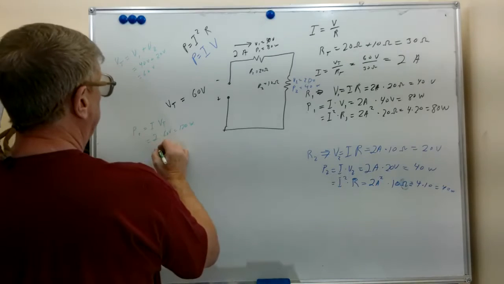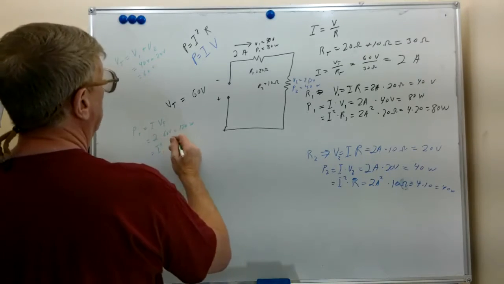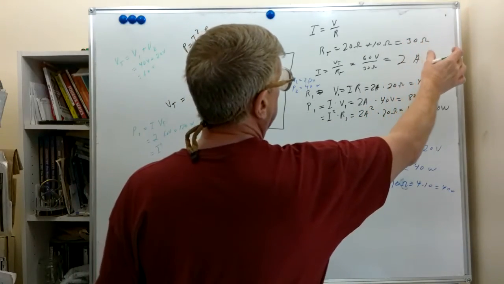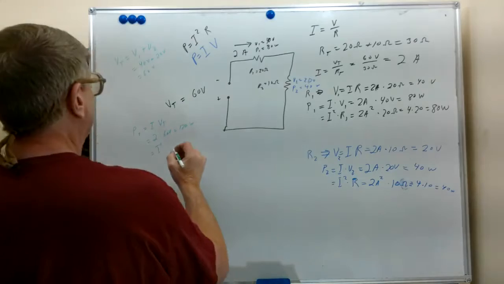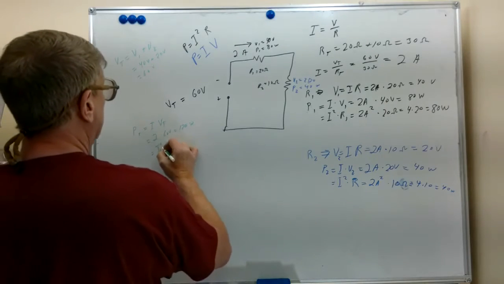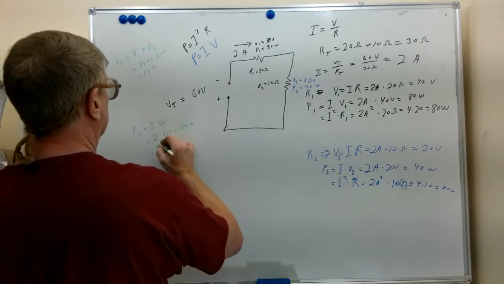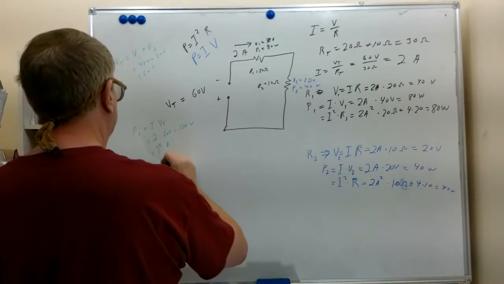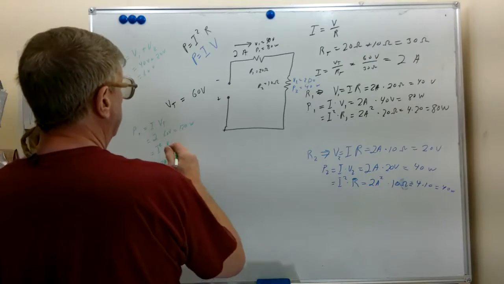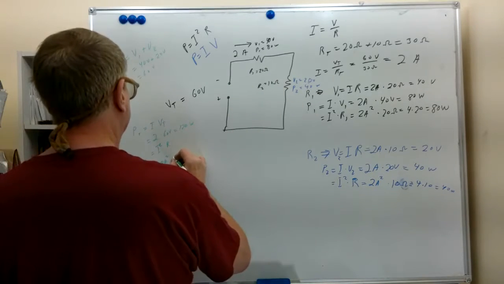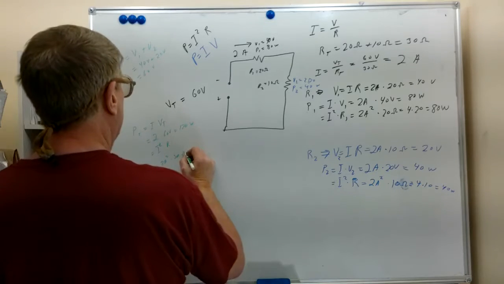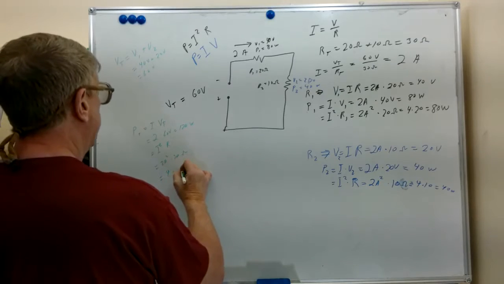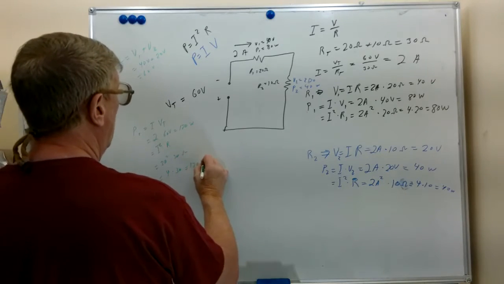But let's calculate this power from the source using the I squared R formula. So it equals I squared times the total resistance, which we calculated here to be 30 ohms. I squared R, and now we had 2 amps squared times 30 ohms, and that ended up being 4 times 30 equals 120 watts.